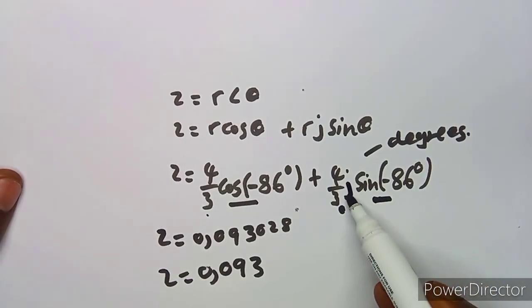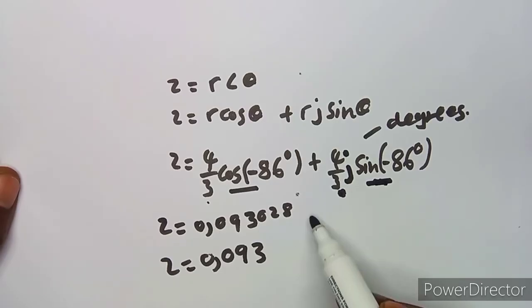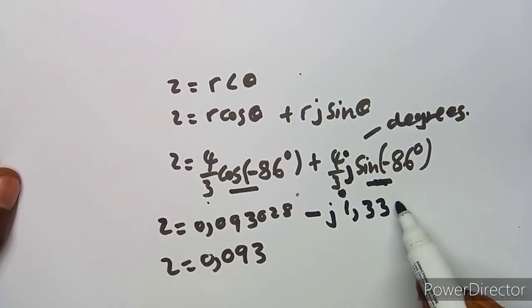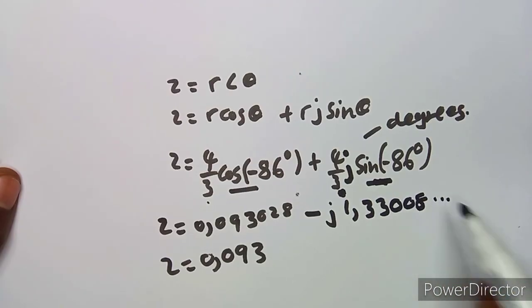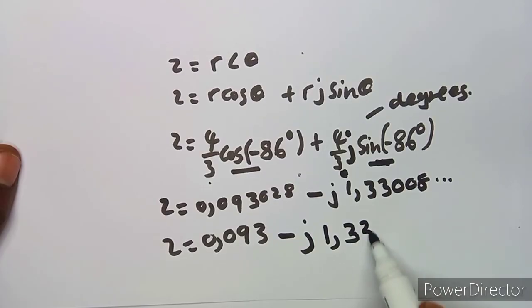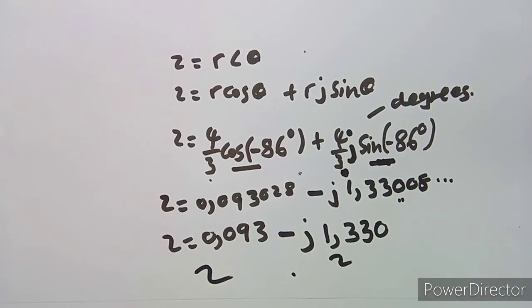This j cannot be simplified, you just write it later. So 4 over 3 sine minus 86 is going to give you minus j 1.3308, whatever you're going to have, which is minus j 1.330. As you can see, this one does not affect, it's just a 0 there.